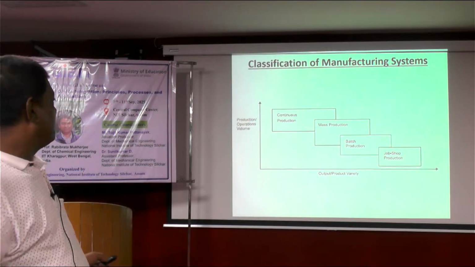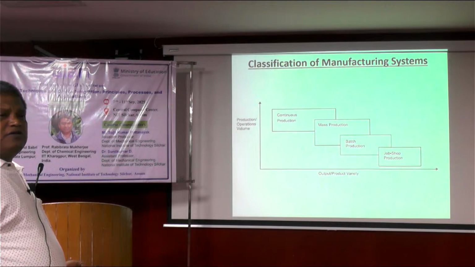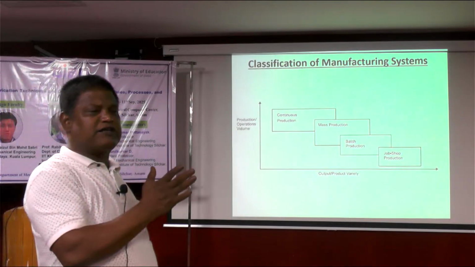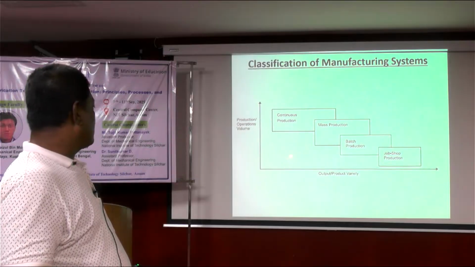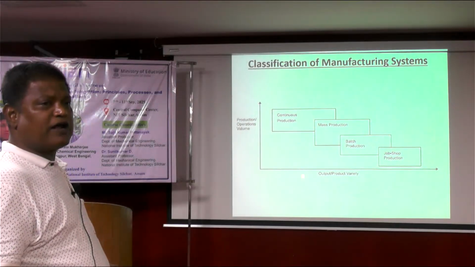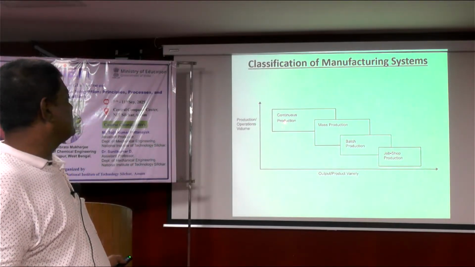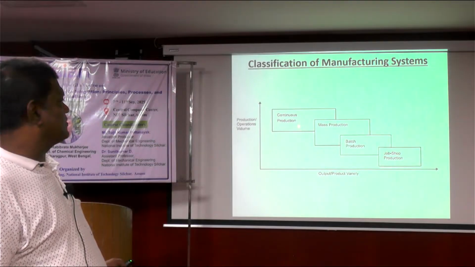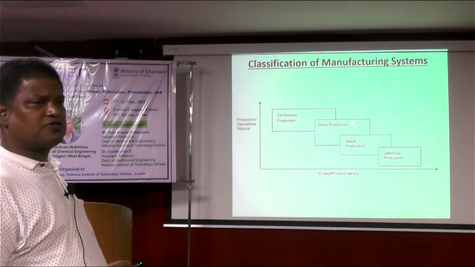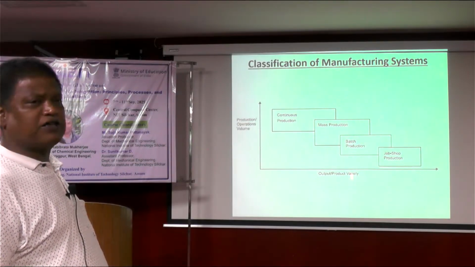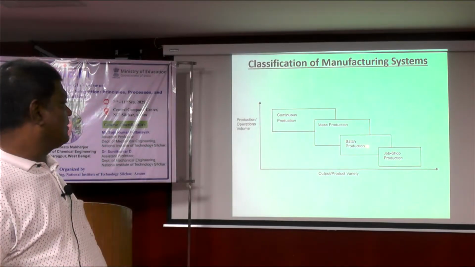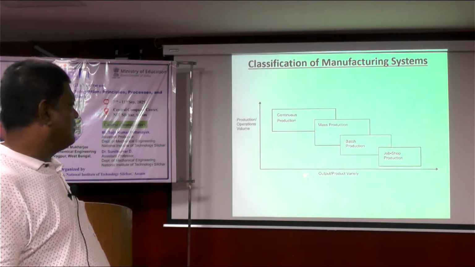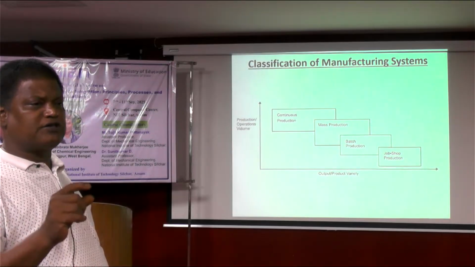But for mass production, variety is less, quantity is more. So how to decide? For low variety and more quantity, you go for continuous production. The next, mass production. Then batch production, in each batch you go for one quantity. Then job shop production where more variety is there, but quantity is less.